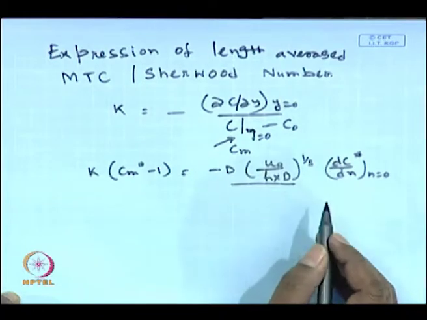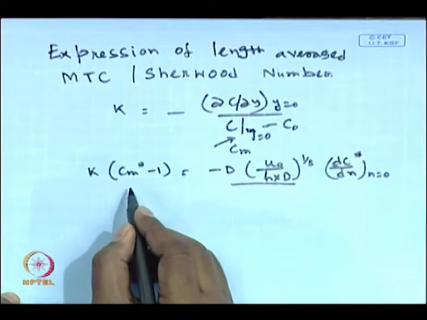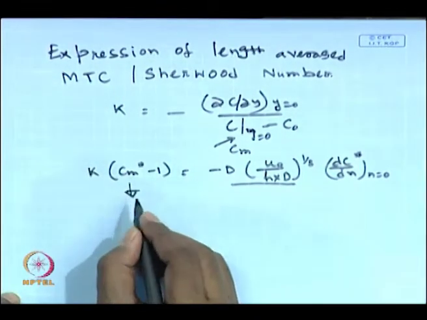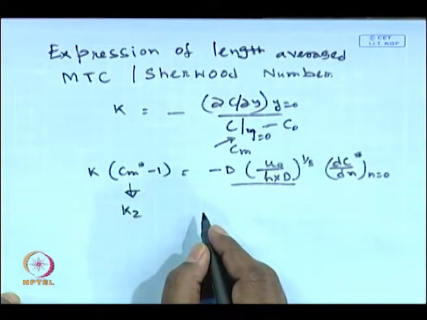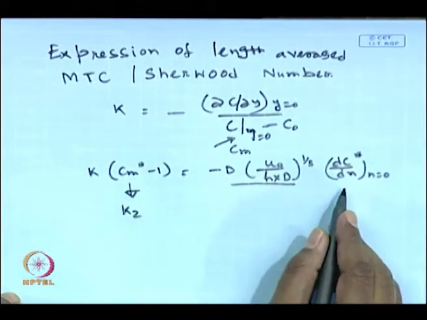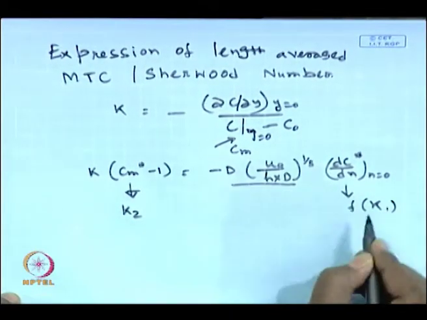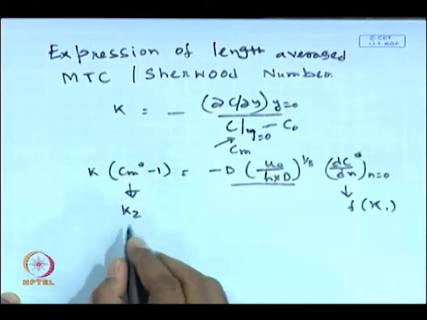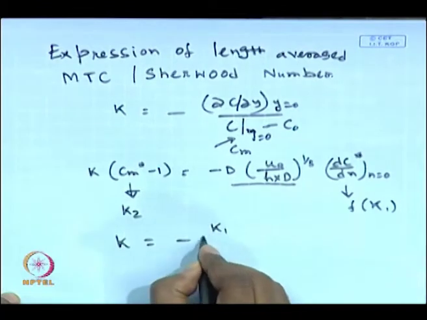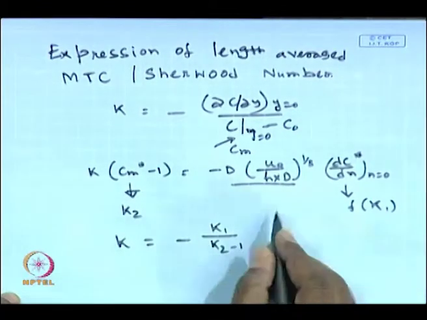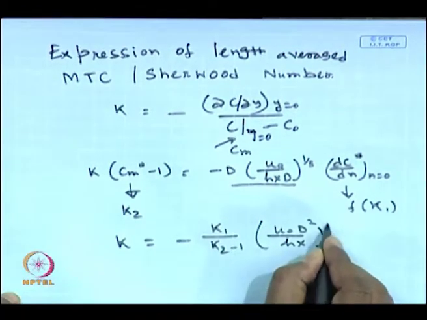Once you do that, and substitute the expression of Cm star, what is Cm star? Cm star is nothing but the constant K2, if you remember, and dc star d eta is related to the integration constant K1. So therefore, one can write K is nothing but K1 divided by K2 minus 1, times u0 d square hx raised to the power 1 upon 3.